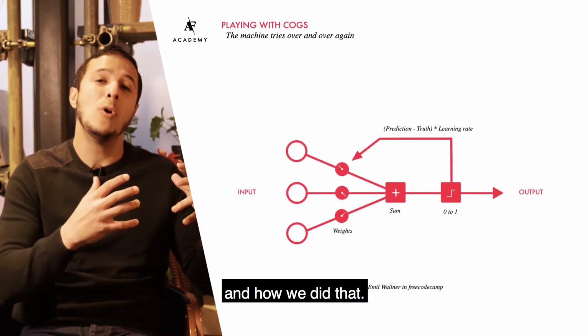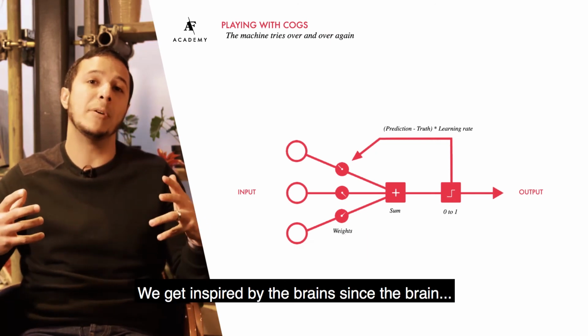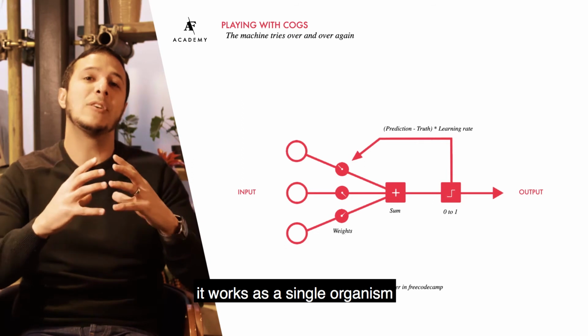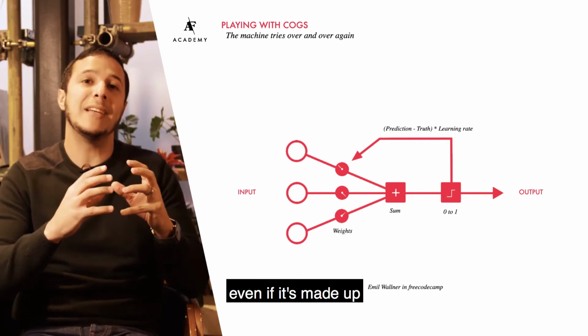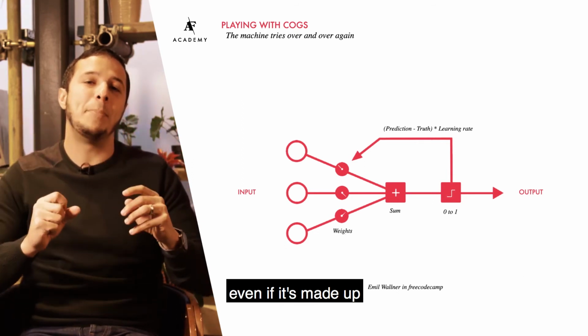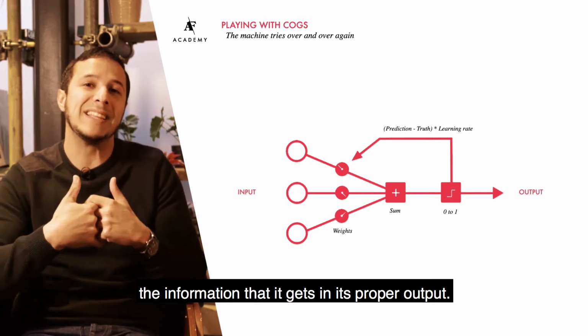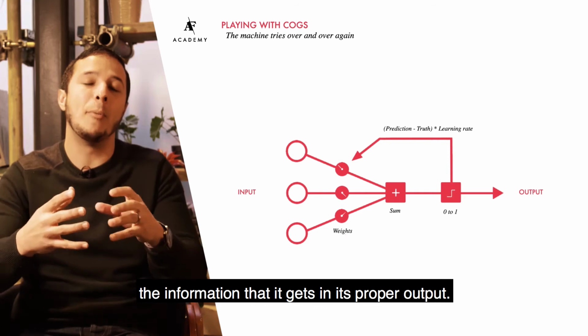And how we did that: we got inspired by the brain, since the brain works as a single organism, even if it's made up of different parts, and it's able to combine the information that it gets into its proper output.